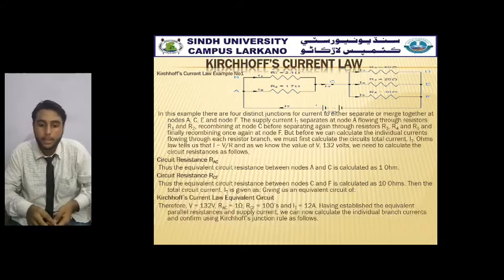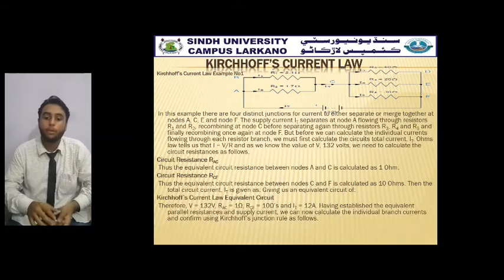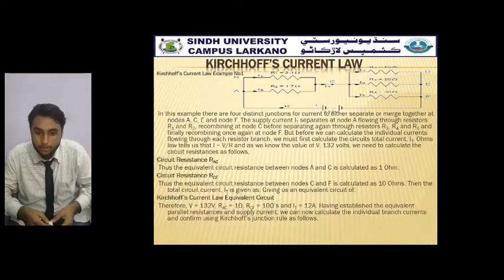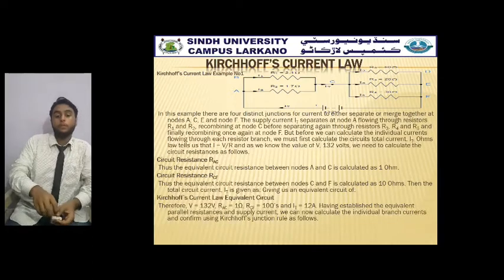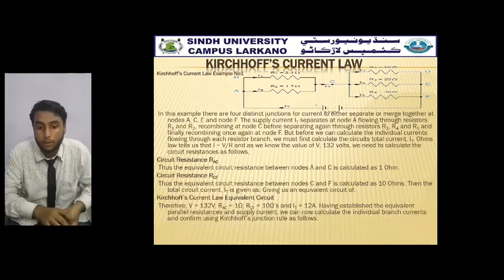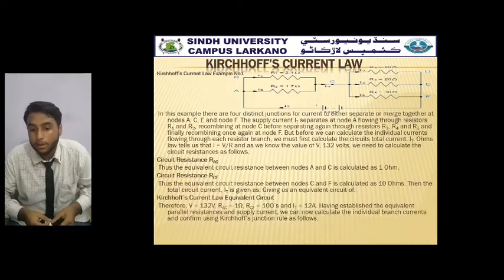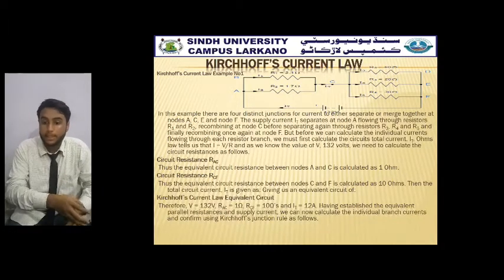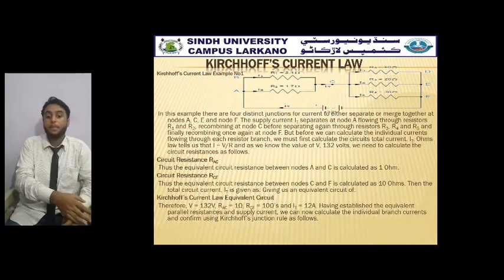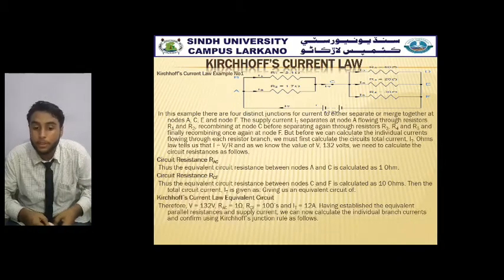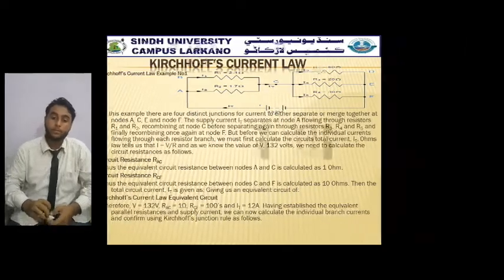Then the total circuit current is given by the equation. Therefore, V is equal to 132, RAC is equal to 1 ohm, RCF is equal to 10 ohms, and IT is equal to 12 amperes. Having established the equivalent parallel resistance and supply current, we can calculate the individual branch currents and confirm using Kirchhoff's current junction rules as follows.